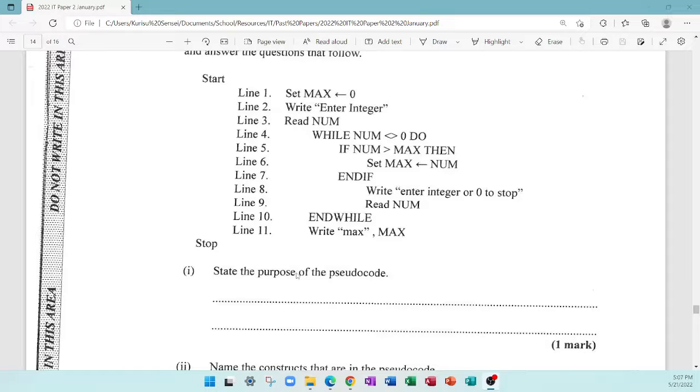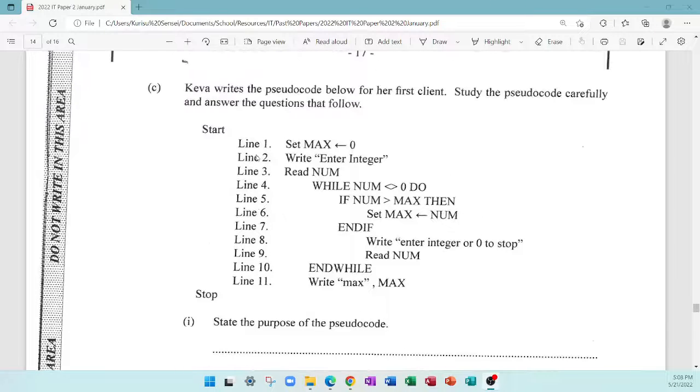To determine max. To determine max. Max what? Who's Max's name? Please scroll up so I could see the beginning. Which beginning? This here?